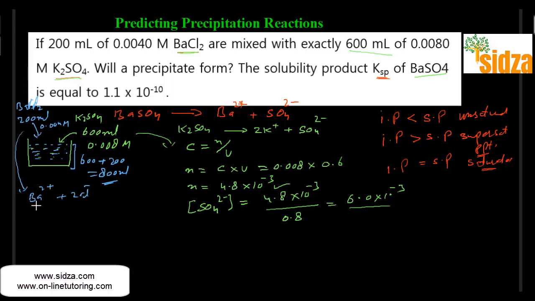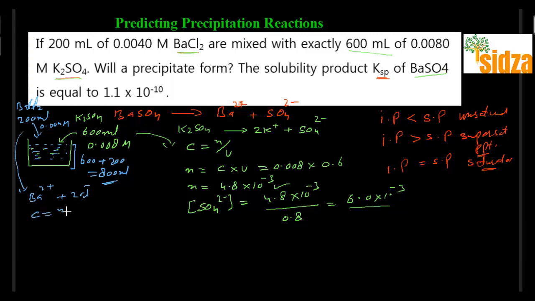Now again we're going to use the same formula. Concentration is n by V, and the number of moles of the barium chloride will be the concentration, which is 0.004, that is the concentration of the barium chloride, into the volume we are taking, 200 mLs, which means 0.2 liters.